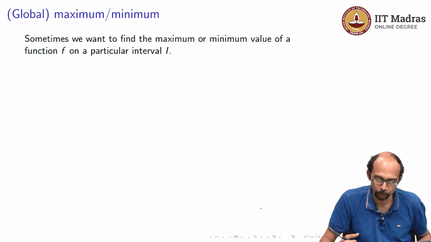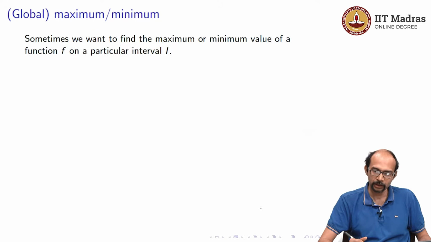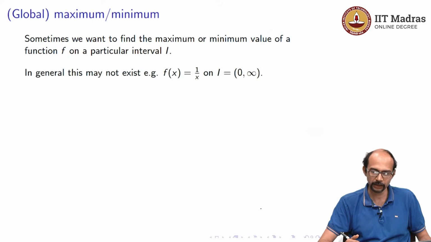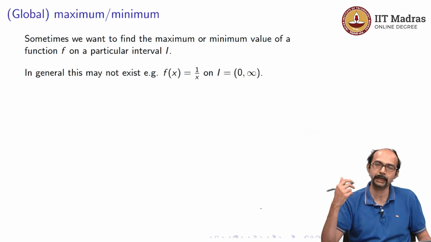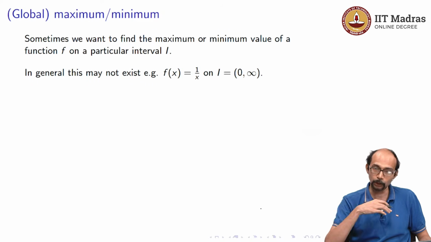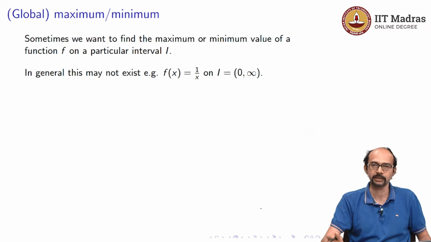Okay, how about global maxima or minima? Sometimes we want to find the maximum or minimum value of a function on a particular interval I, and here by maximum or minimum we mean the global maximum or minimum. Now, this may not exist in general. Sometimes it may and sometimes it may not. For example, if you take the function 1 by x on the interval 0 comma infinity, it has neither a global maximum nor a global minimum.